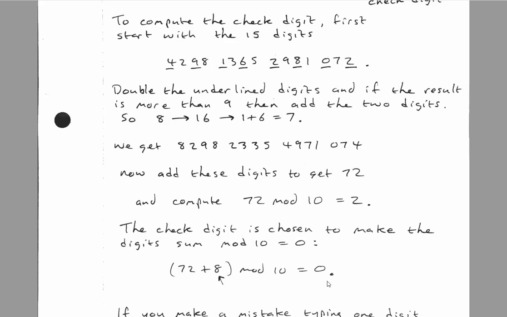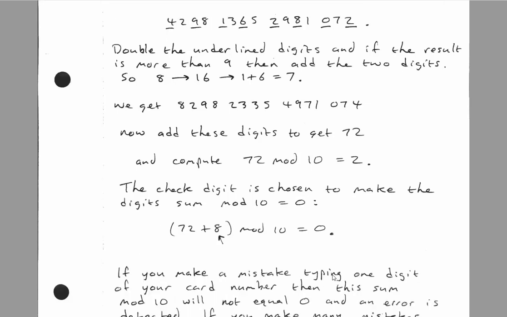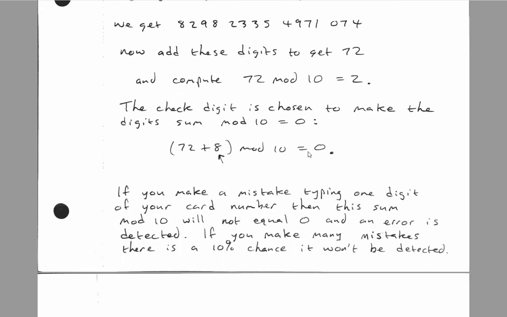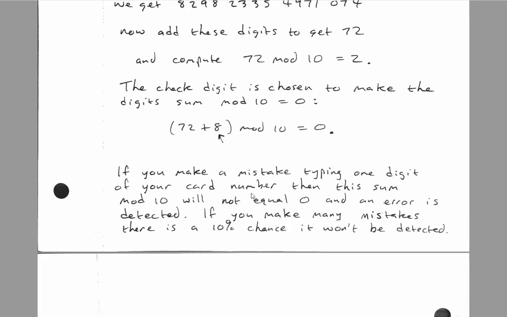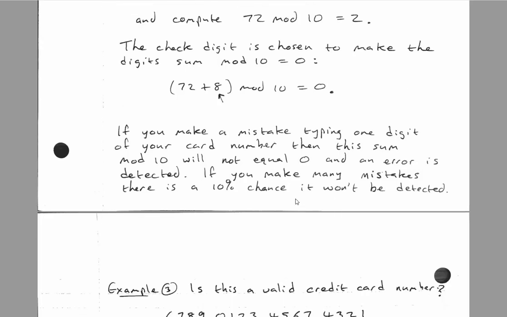You'll get some other number, 1 to 9. Alright, so that's how it works. Any mistakes are going to change that remainder from 0 to something else. But if you make more than one mistake, it is possible that two mistakes can cancel out and you get back to 0. But that's kind of unlikely.